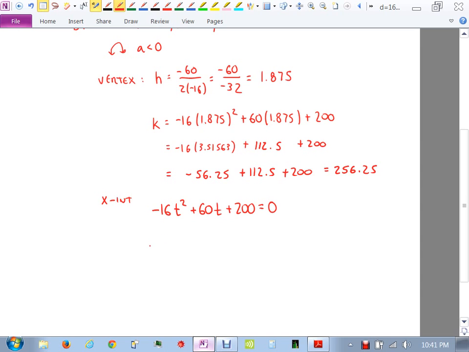I use the quadratic formula to get t equals negative b plus or minus the square root of b squared, which is 3600, minus 4 times a times c, all over 2 times a. I'm going to leave that to you, and just do this on my calculator.